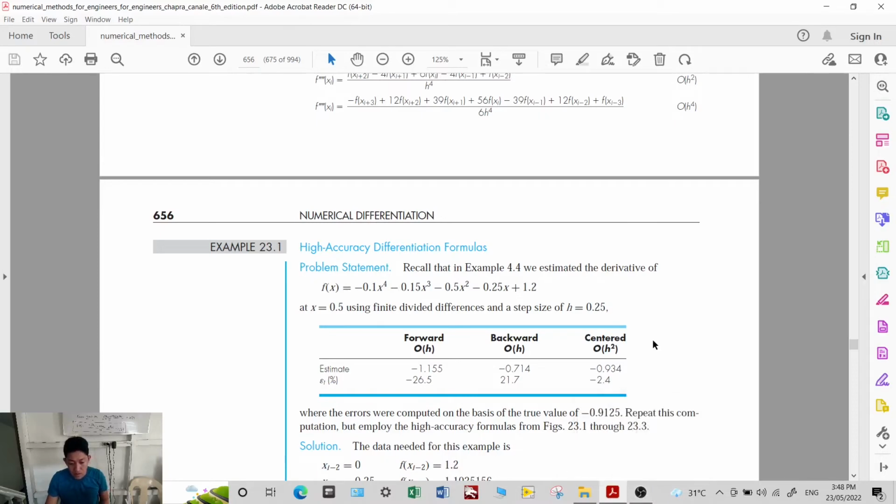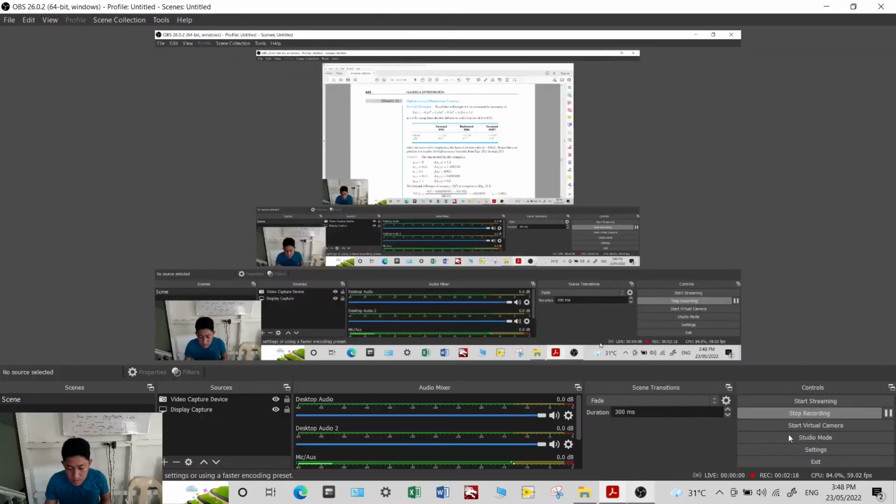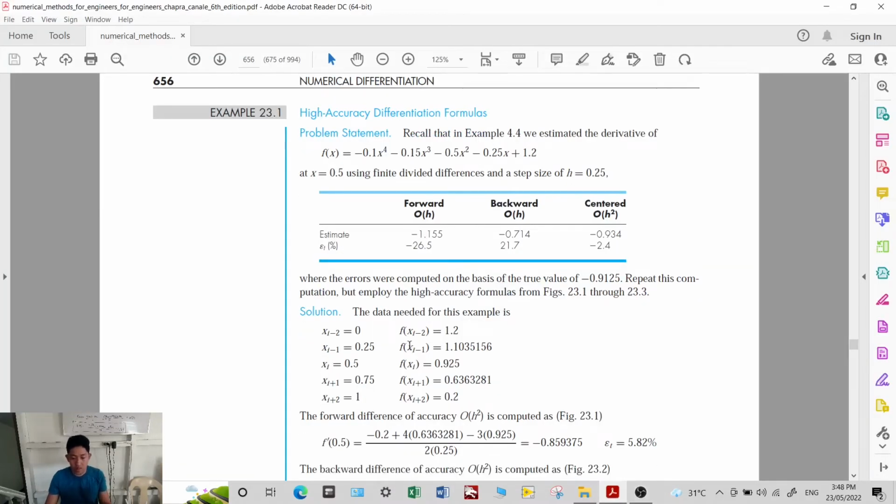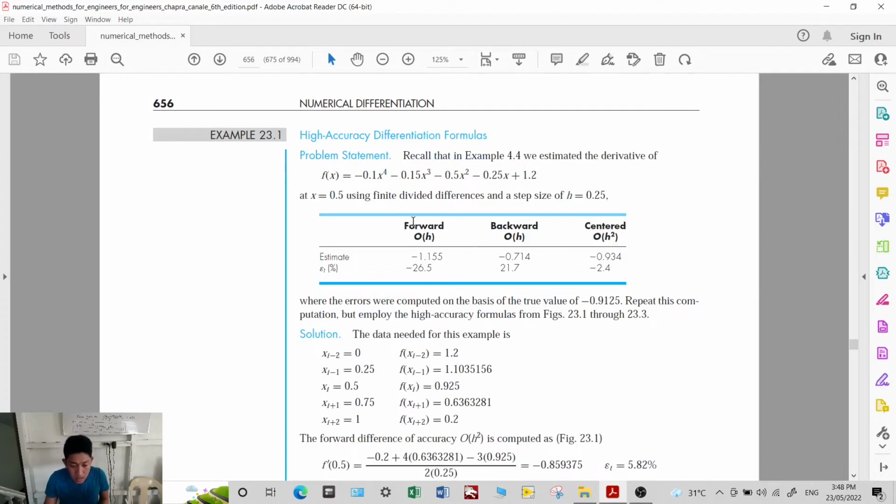Just to give you an insight into the comparison between the accuracy of both formulas, you can refer to this example. This is the function that we used previously, and the step size is 0.25.